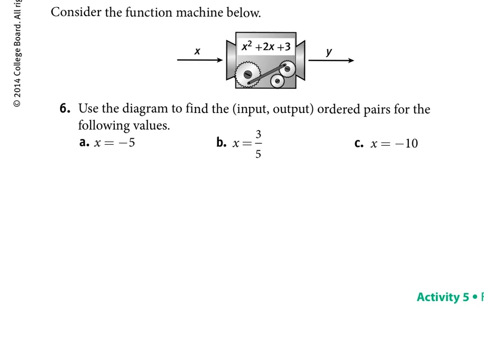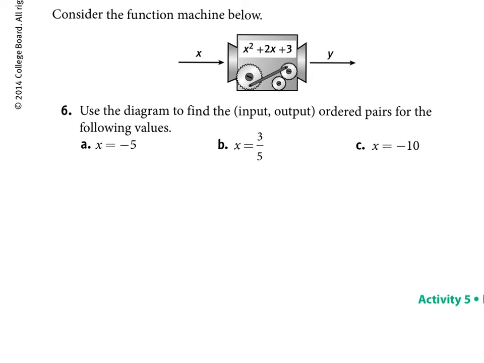Now we've got a quadratic here as we look at number 6. So we have a function x and then output y, and so we're going to input these things in here. First one is going to be, my input is going to be negative 5. So every time I see an x, I'm going to put a negative 5.